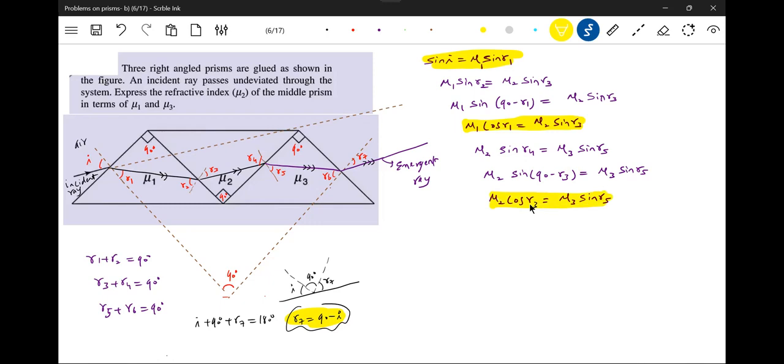This is one equation. Then last one, mu3 sin R6 equal to sin R7.